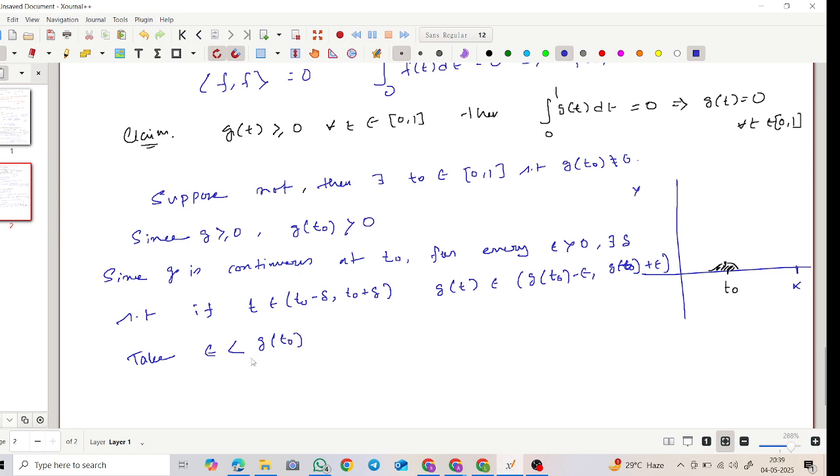Okay, so then it becomes positive, right? So this implies 0 is strictly less than g(t naught) minus epsilon.